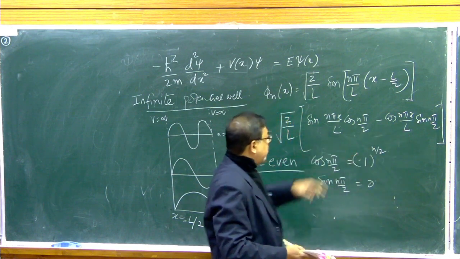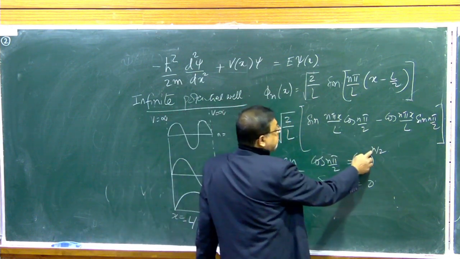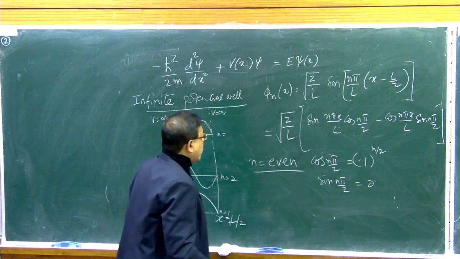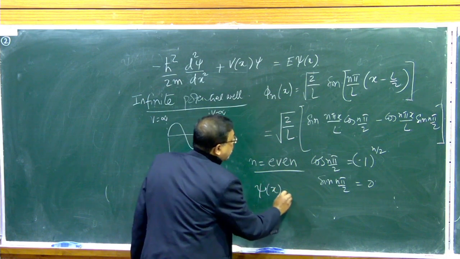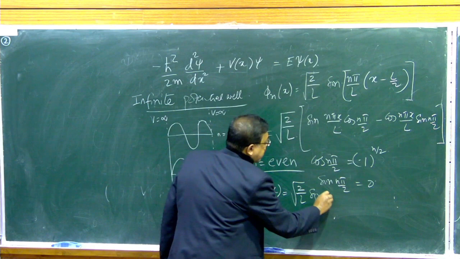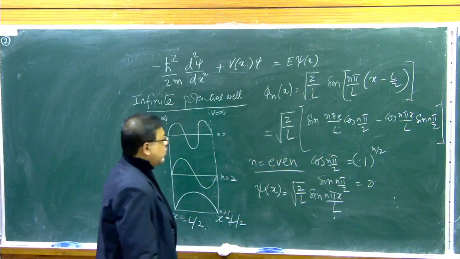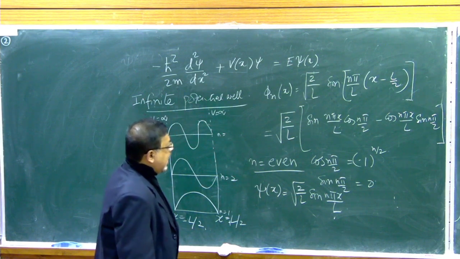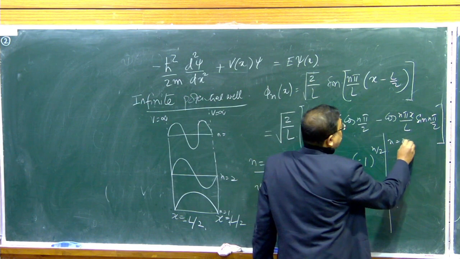This gives rise to a minus 1 to the power n by 2, and because n is even, this term will give you a 1. So the wave function is psi of x equal to root over 2 by L sine n pi x by L, for n even.